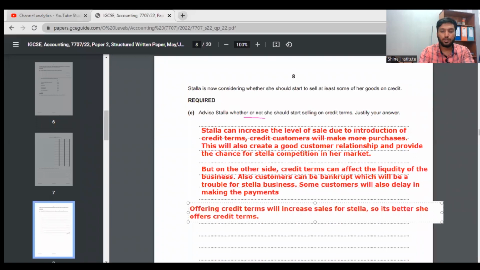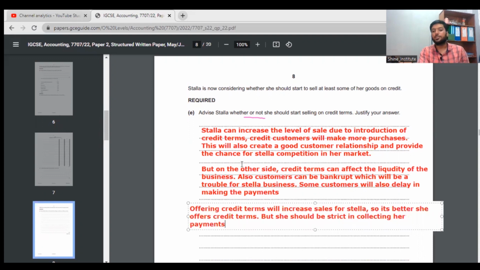But she should be strict in collecting her payments. So it's not about selling, it's about collecting your money. If you collect your money, you're on the safe side. If you don't collect your money, your business will go bankrupt.